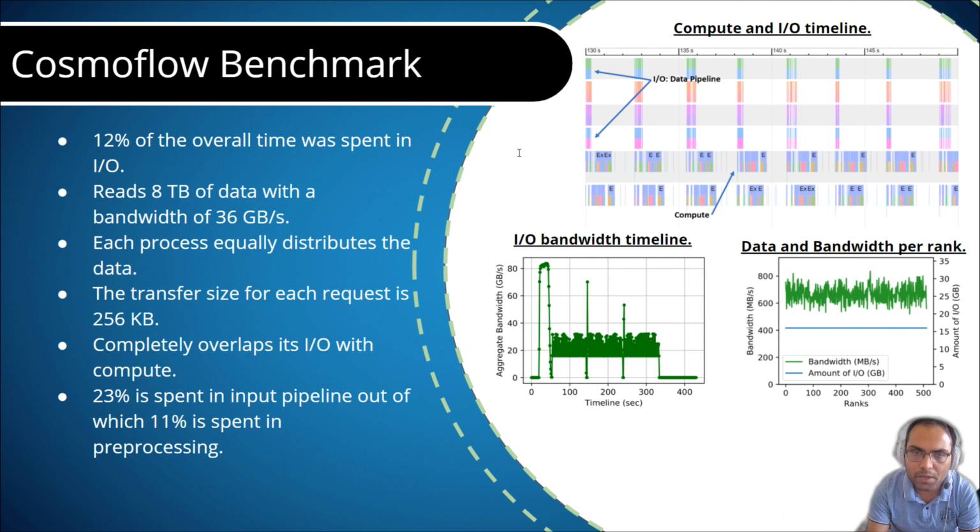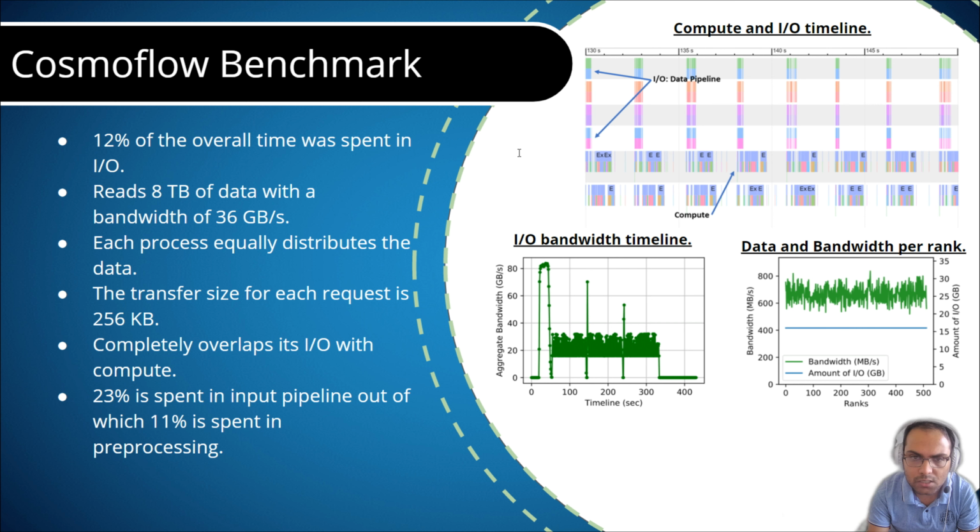In the CosmoFlow benchmark, which utilizes the TensorFlow data pipeline, we see only 10% of the overall time is spent in I/O. The application runs for 4 epochs and hence reads the 2 terabyte dataset 4 times, with an aggregate bandwidth of 36 gigabytes per second. The data is evenly distributed among all processes of the training, as shown on the right.